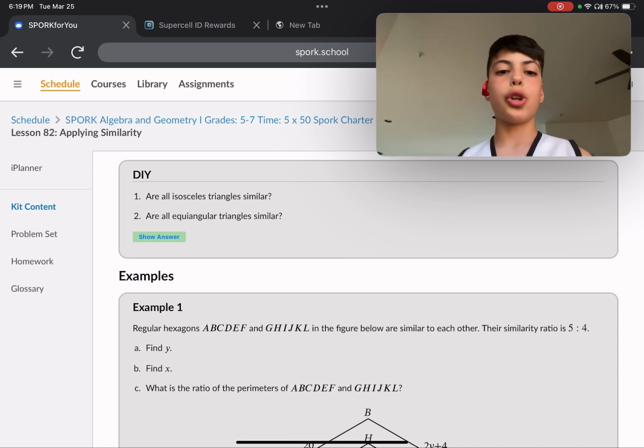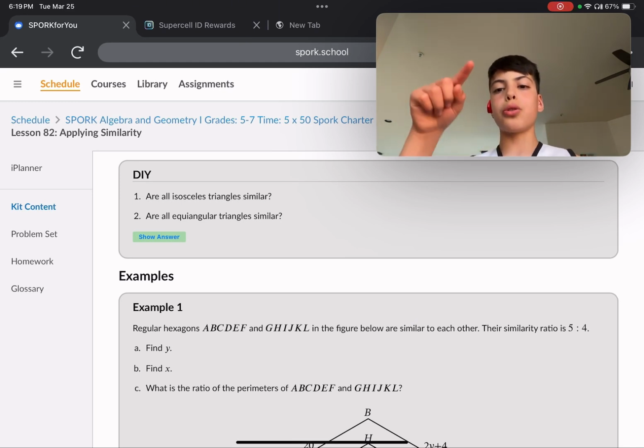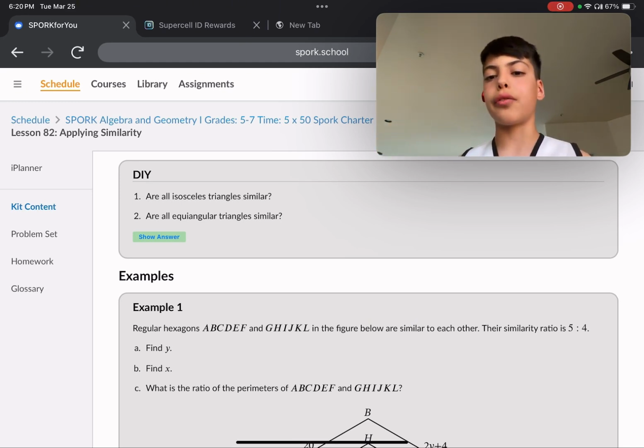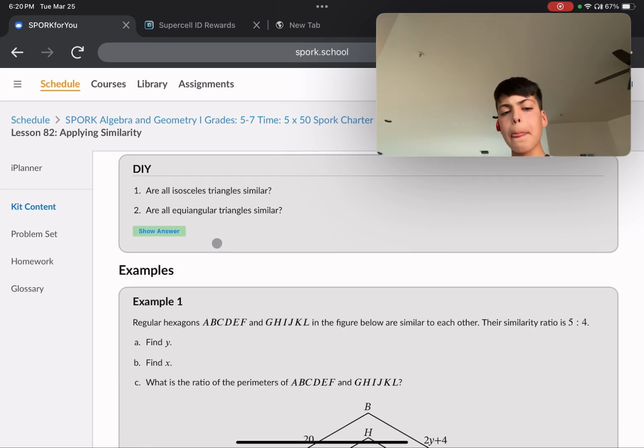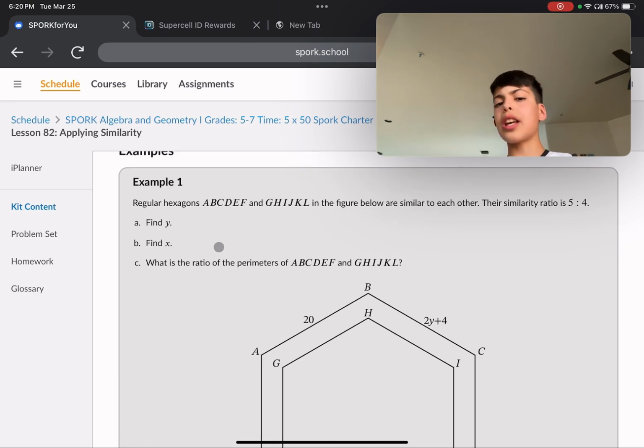They're not always going to be similar. However, equiangular triangles always have the same exact length for each of the three sides, which means that the answer for one is no, and the answer for two is yes, as you can see here.